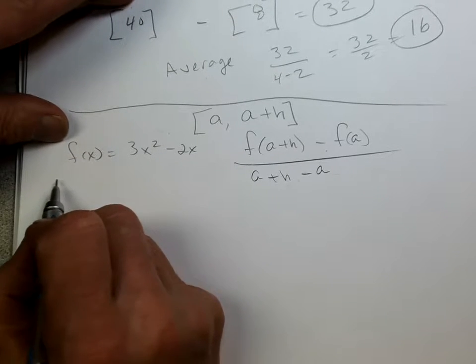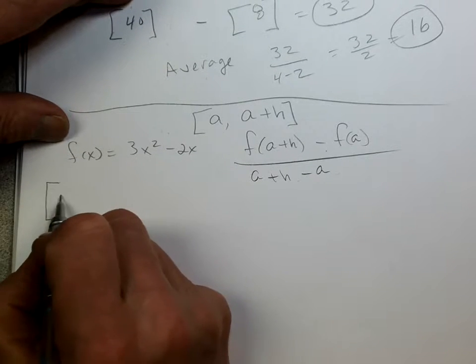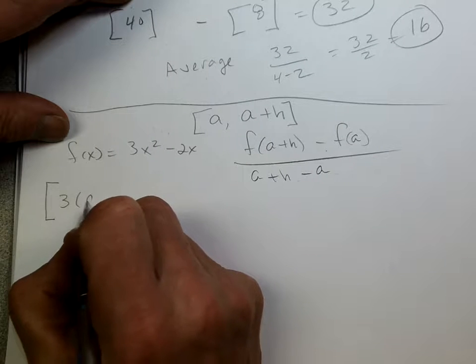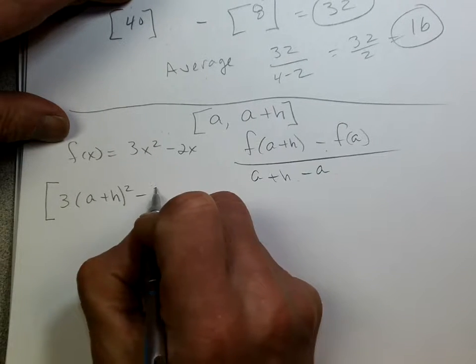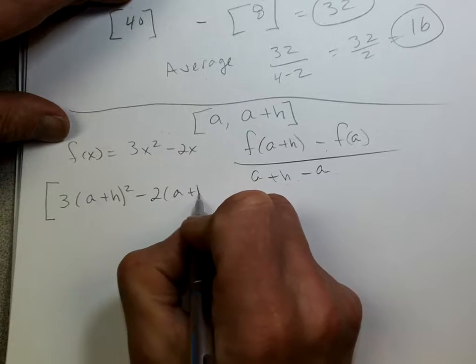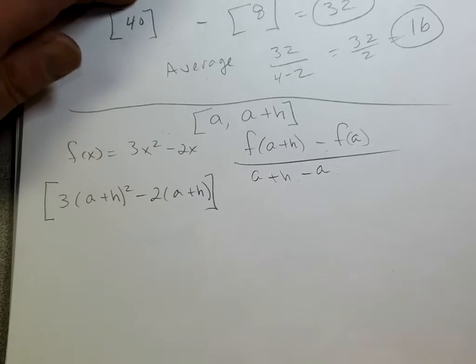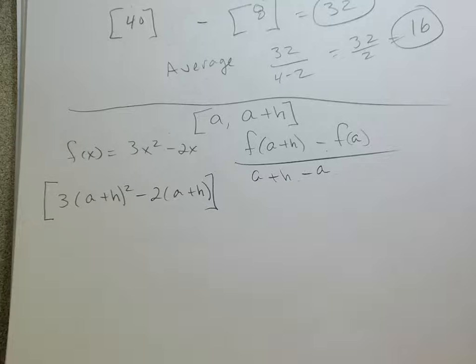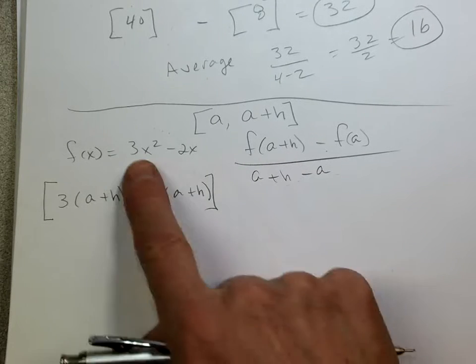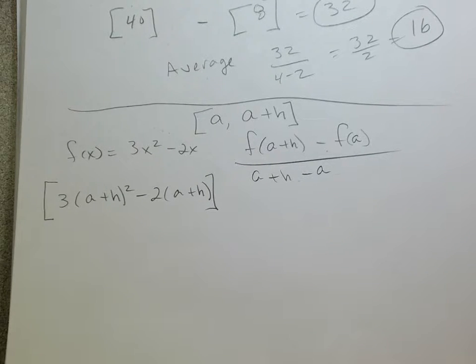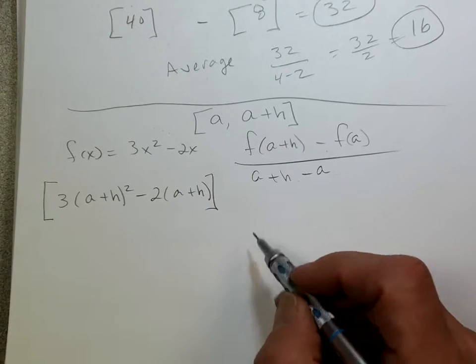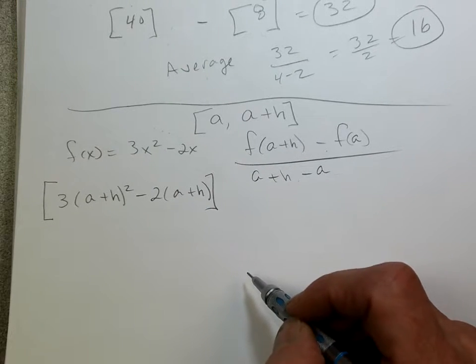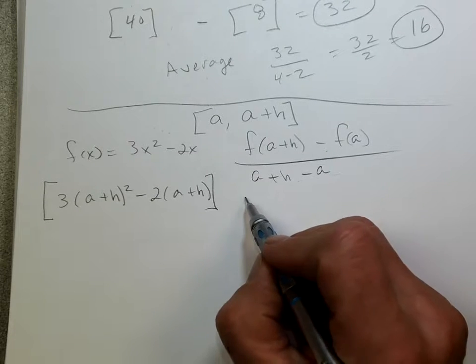All right, I'm going to go 3 times a plus h squared minus 2 times a plus h. Okay, I'm going to go step by step. So what I've done is plugged in a plus h in for x. First step, okay? Plugged in a plus h in for both, okay? Then I'm going to subtract.